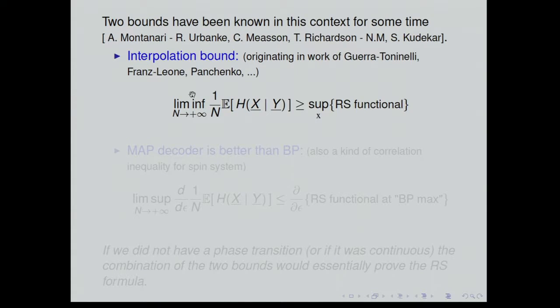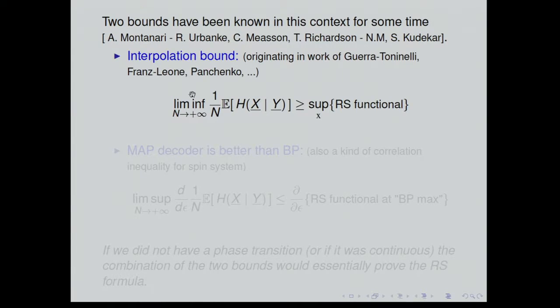So the first inequality, in fact, is a lower bound that says that this quantity I'm after, this conditional entropy, is greater or equal than the sup of this replica symmetric functional. Okay, so of course for many years we've been frustrated because we could not prove the converse bound.